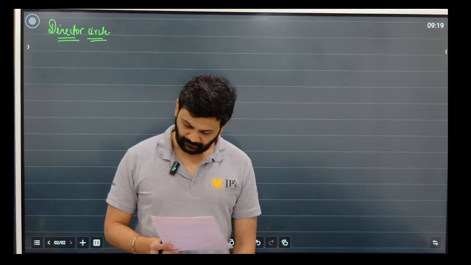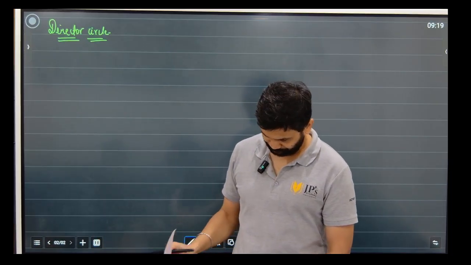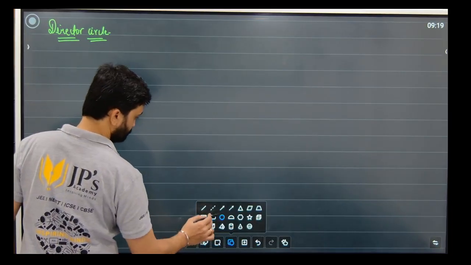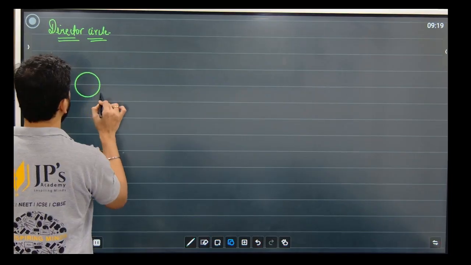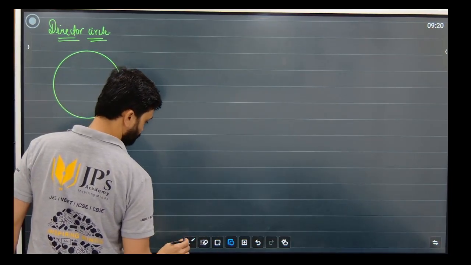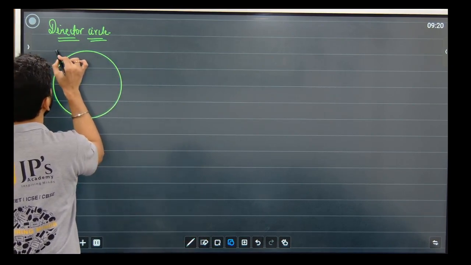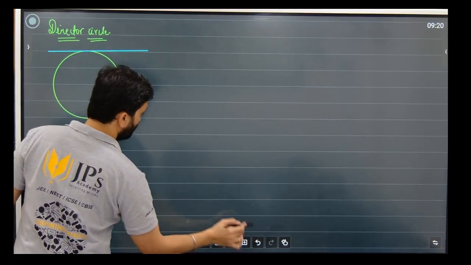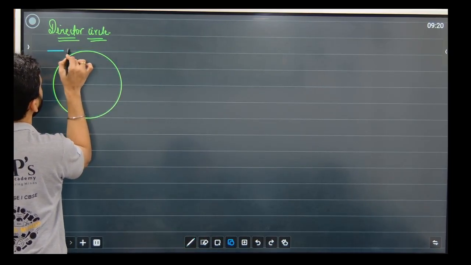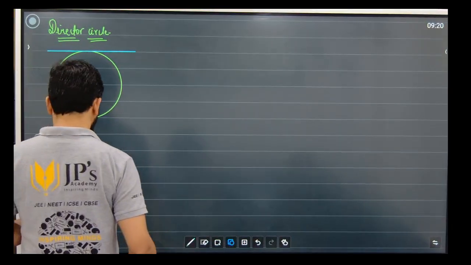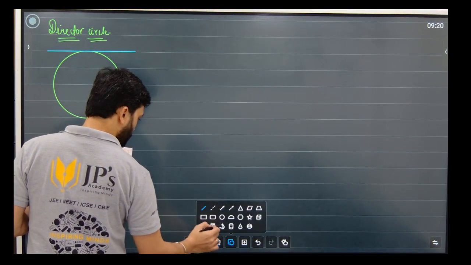It is defined as the locus of point of intersection of mutually perpendicular tangents.